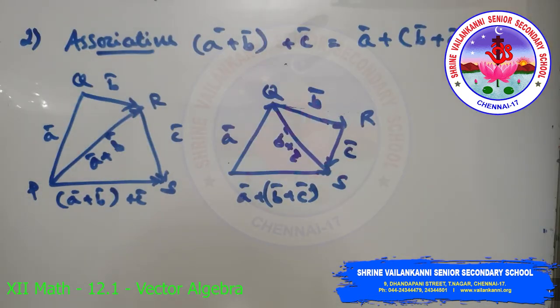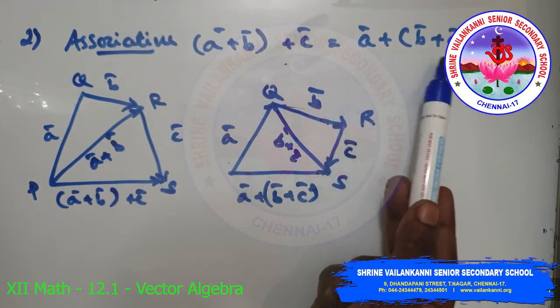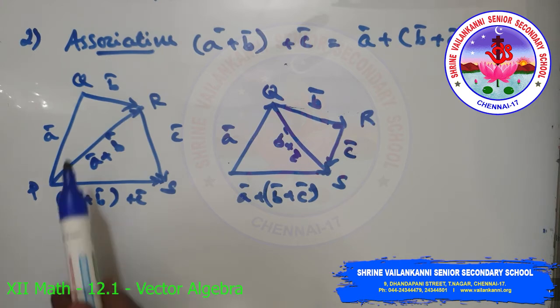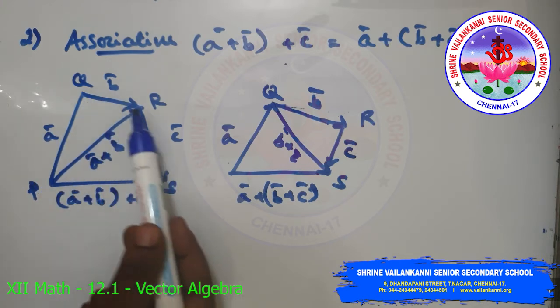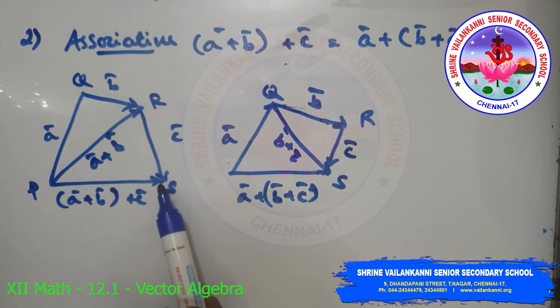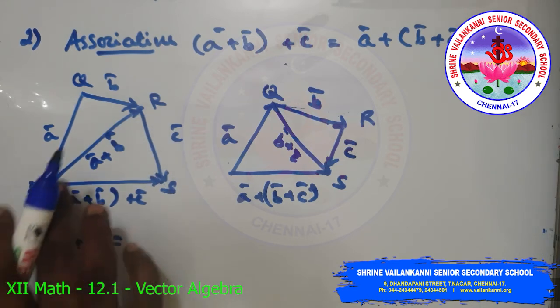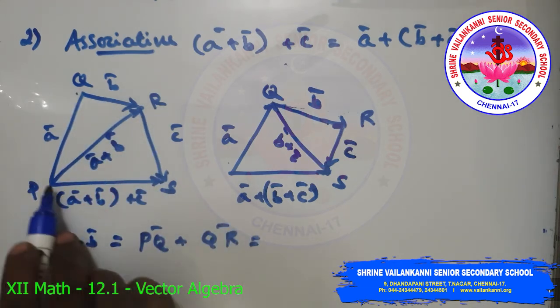Property 2, for any three vectors A, B and C, (A plus B) plus C is equal to A plus (B plus C). This is the associative property. Let the vectors A, B and C be represented by PQ, QR and RS respectively. Then A plus B is equal to PQ plus QR, which is equal to PR.